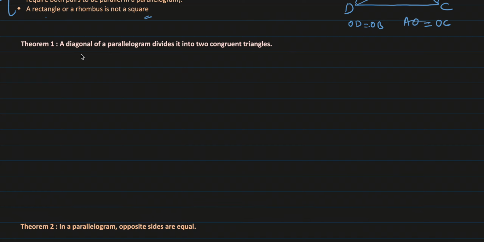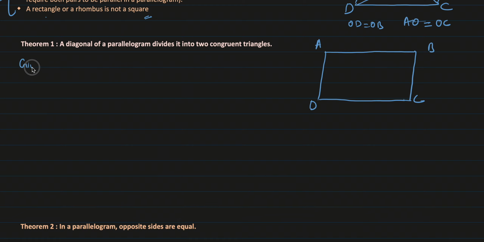Based on the statement, draw the figure first. So you have a parallelogram given. Let's draw a parallelogram again here. Please draw very neat diagrams. Name it ABCD. You can name it anything, PQRS, LMNOP, whatever you wish. Here ABCD is a parallelogram given to you.